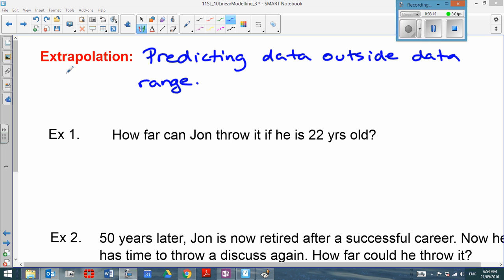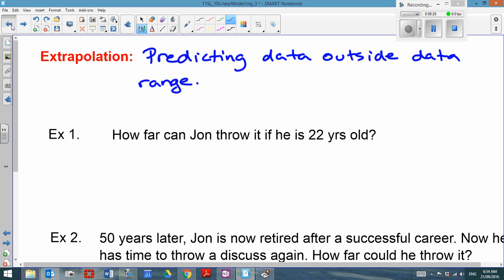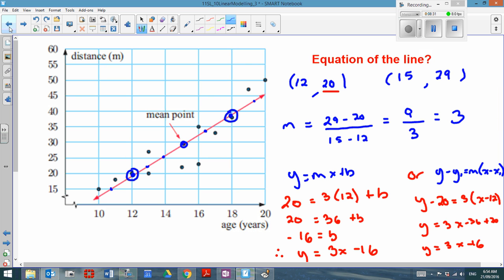If we want to use our trend line for extrapolation, which is outside of the range that we're given, then that's kind of like a prediction. We're only given values between 12 and about 20 years of age. So if I wanted to predict how far a 22-year-old or a 30-year-old might throw, I could possibly use this line as well. Of course, there's going to be some error in this.